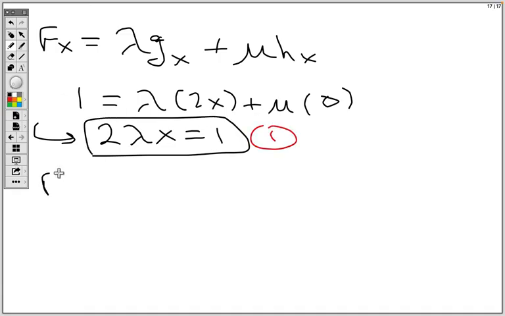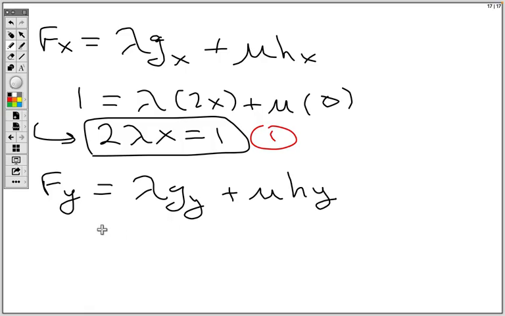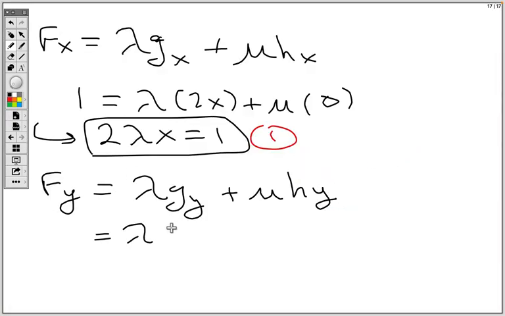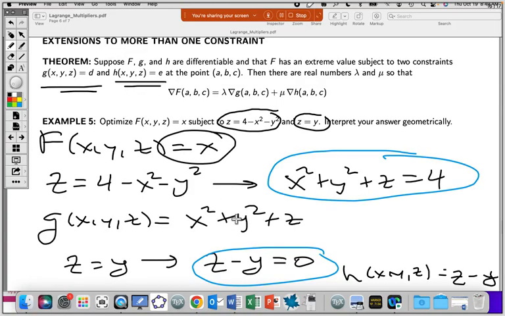Then I do fy is lambda gy plus mu hy. So that's lambda gy is 2y plus mu hy is minus 1.